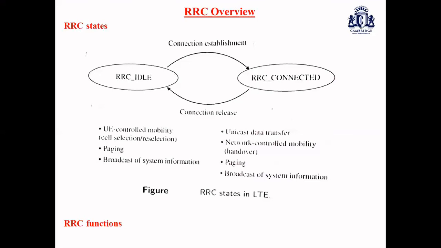And here mobility control is handled by your mobile, nothing but your user entity, and your UE monitors a paging channel in order to detect all the incoming calls, and it specifies paging discontinuous reception cycle. So if there is any specific paging that needs to be discontinued, this RRC idle state can be employed.